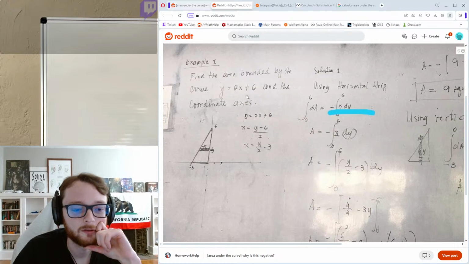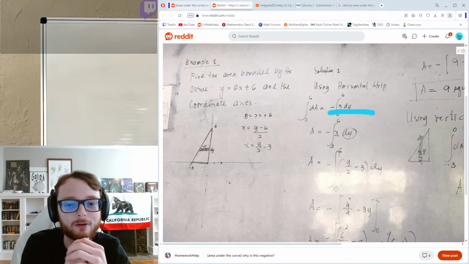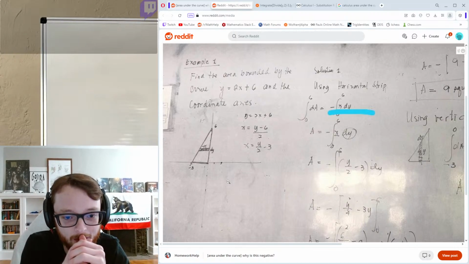Because if we were in quadrant 1 or quadrant 3, there just wouldn't be an issue. But because we have a difference, in quadrant 2 and quadrant 4, there actually is a difference when you're integrating in terms of x or in terms of y.